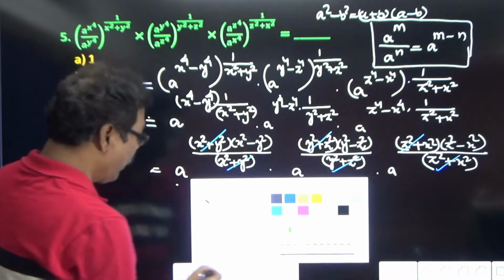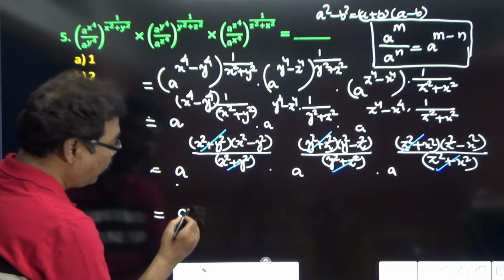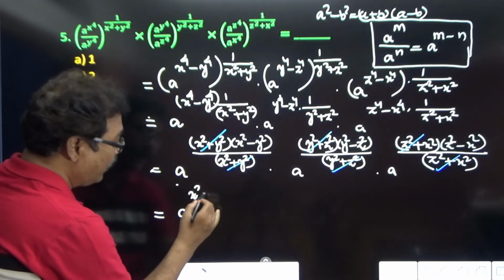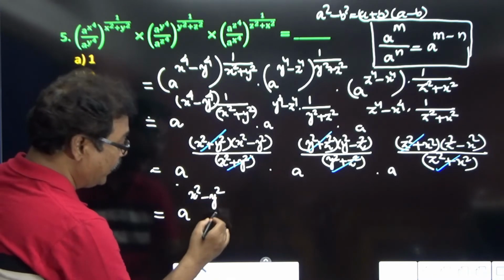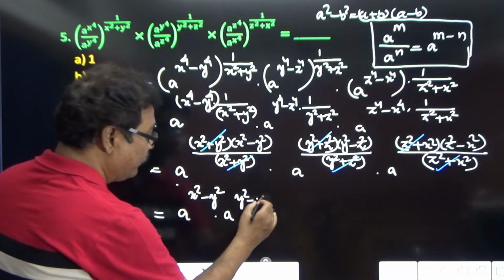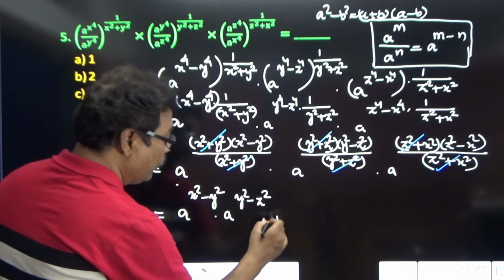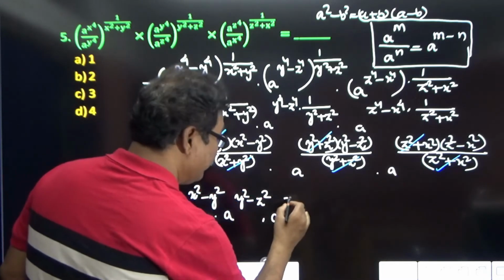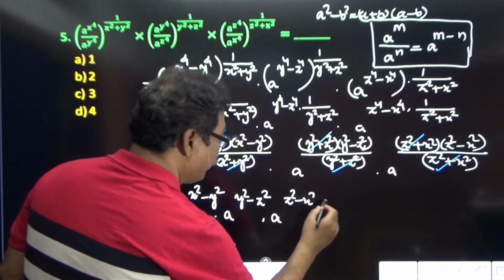So we'll be left with a to the power x square minus y square into a to the power y square minus z square into a to the power z square minus x square.